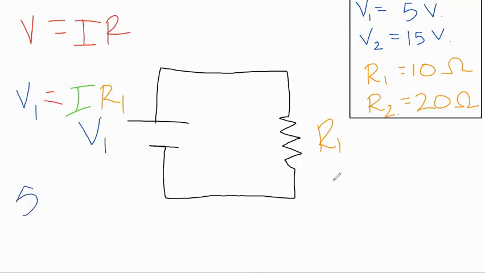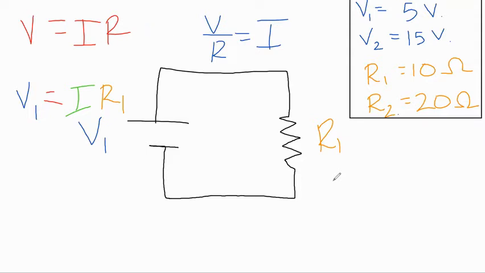If we re-represent this, we can just use that V over R is equal to the current. The same thing as saying one or the other.